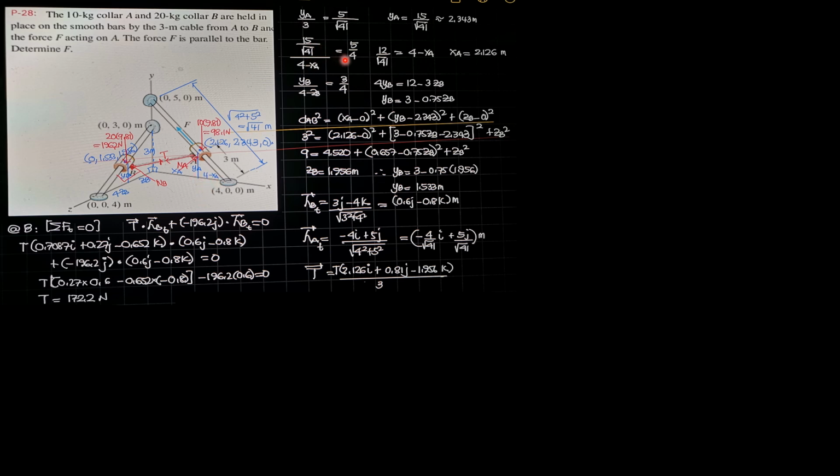So simplifying, we have 15 times 4 divided by 5, that's 12 over square root of 41 equals 4 minus XA. Solving for XA in decimal, it is 2.126 meters. So therefore, this point A, this position of the collar, will have coordinates X 2.126 (XA), YA 2.343, and Z is 0. This bar lies on the XY plane, so that's why Z is 0.